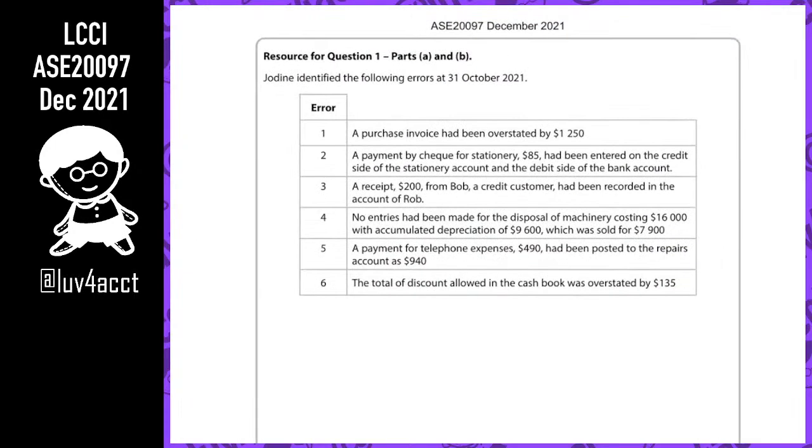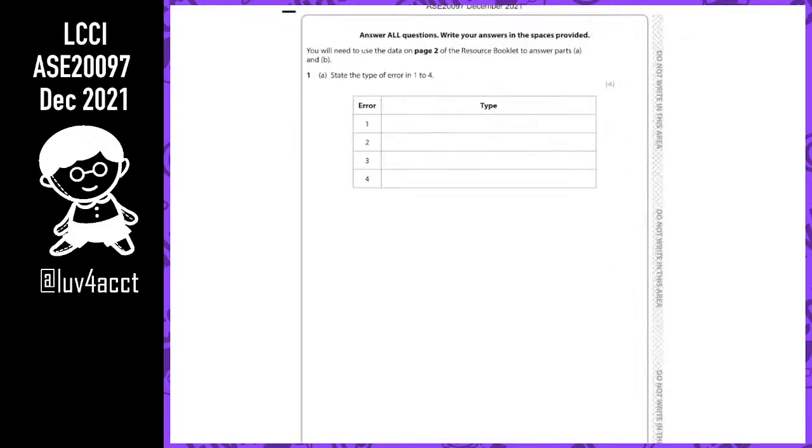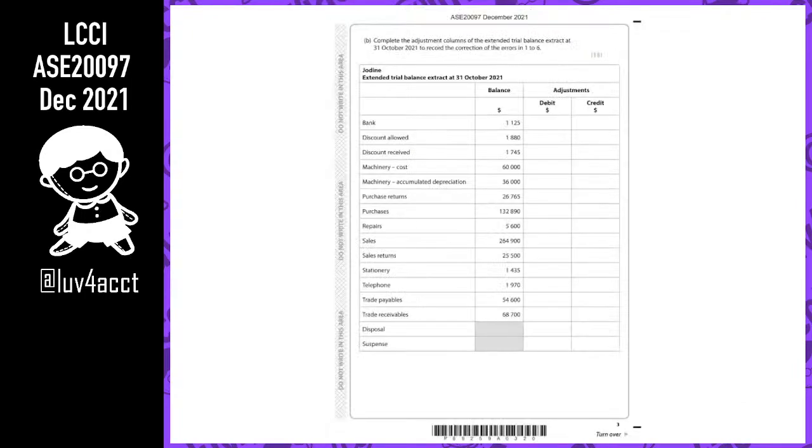First question. Okay, we are already told that it is correction of error. Identify the type of error. Oh, and then extended trial balance. Okay, it appears now. Good. Because extended trial balance, if you know the stuff, it gives you a lot of marks.